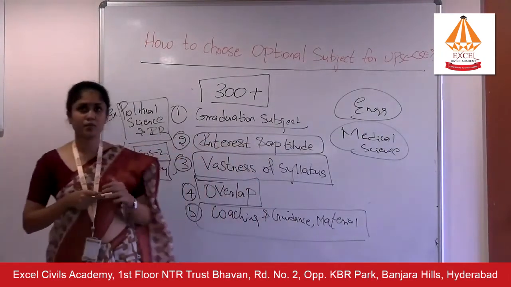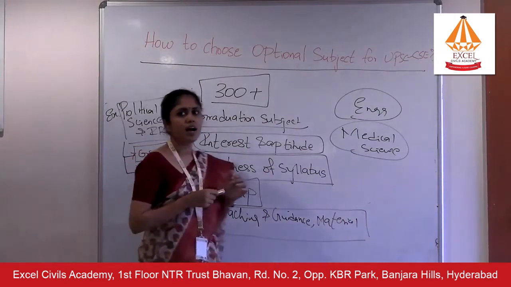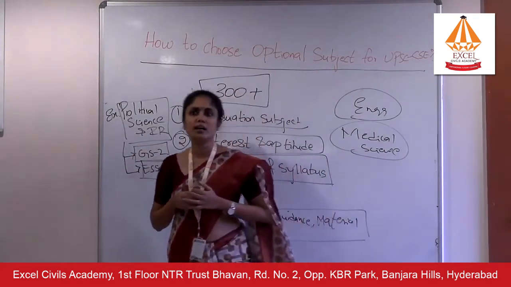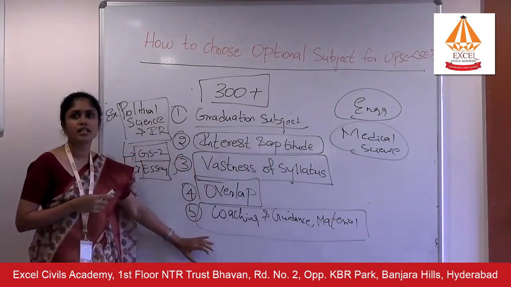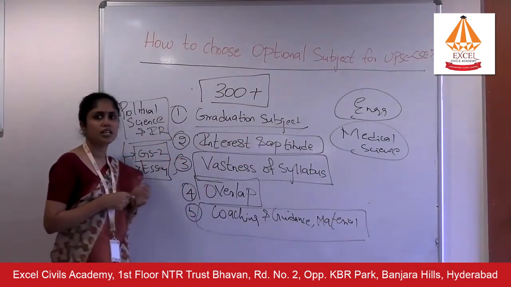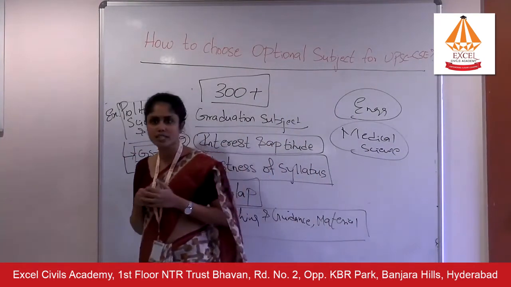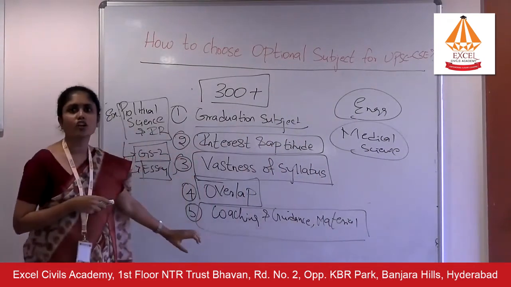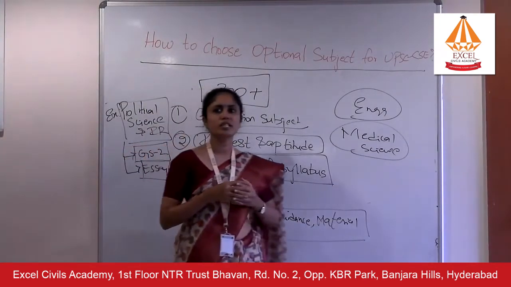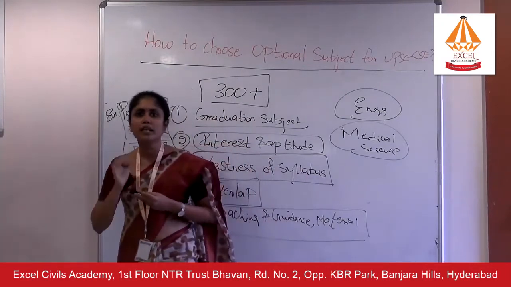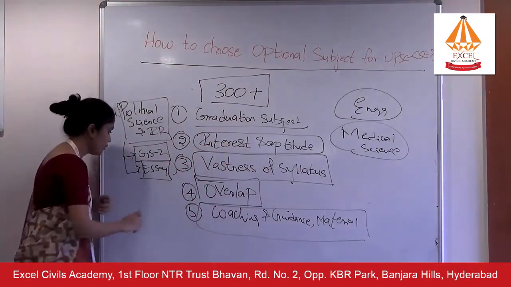These social science subjects, for example, sociology, political science, are given as undergraduate subjects in many colleges like Delhi University. They offer bachelor's and honors in sociology, political science, and even in your basic science optionals like physics and chemistry. So there is a lot of material available for these optional subjects, right? So you have to see whether good material is available for you or not, right? Now, I will give you an example.